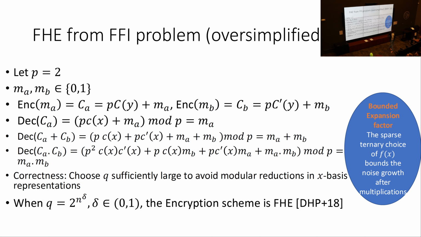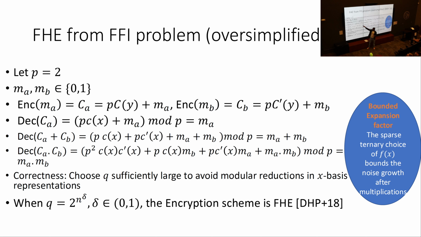So how does this fully homomorphic encryption work? To encrypt a bit, you take some FFI sample and multiply with p, which is 2 here, and you encrypt the bit. Now to decrypt it, you use your secret isomorphism to go back to your good representation, and you take the mod p operation.